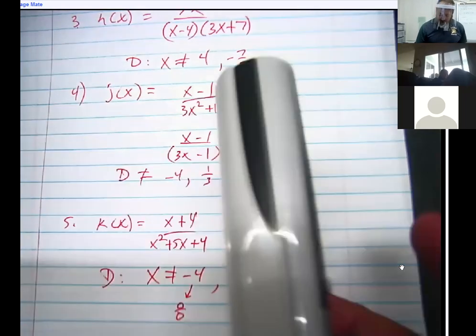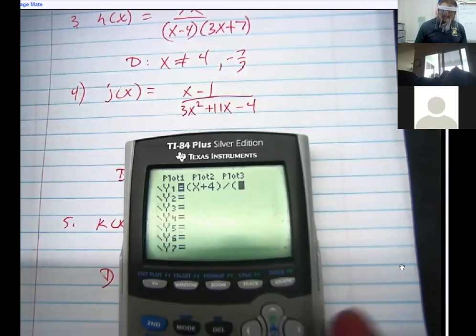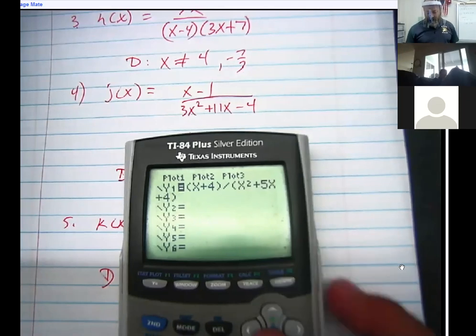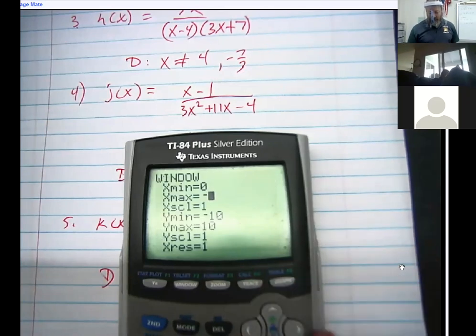This equation was x plus 4 divided by x squared plus 5x plus 4. And we just said that the problem happened at specifically -4.